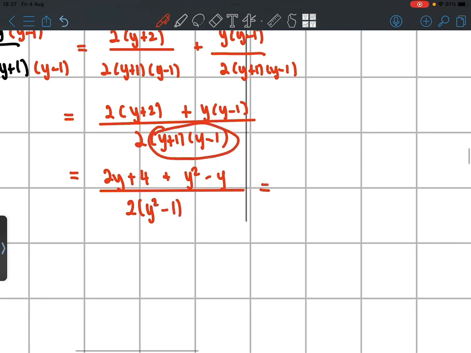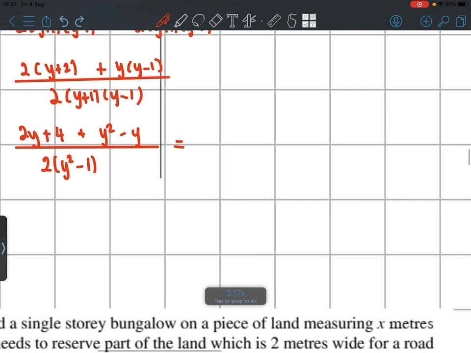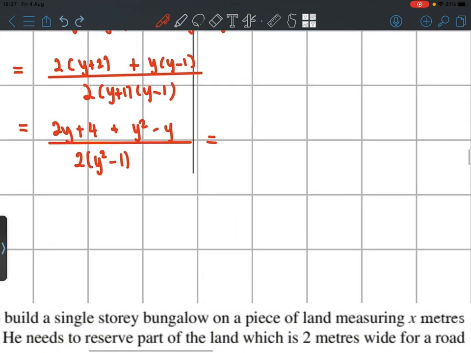I just expand back the expression. Just simplify, you get y squared, plus 2y minus y is plus y, plus 4, divided by 2y minus 1.